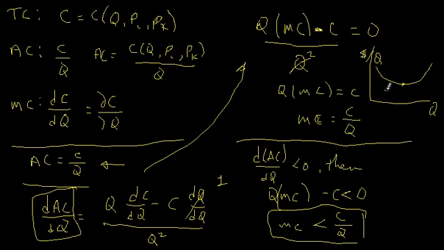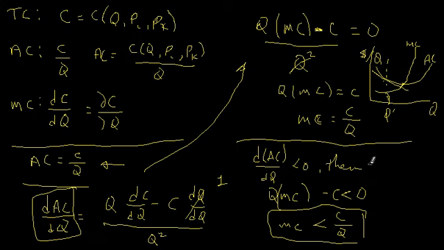The average cost, and when average cost was declining, when the derivative of the average cost curve was negative, we see that marginal cost is less than average cost there.